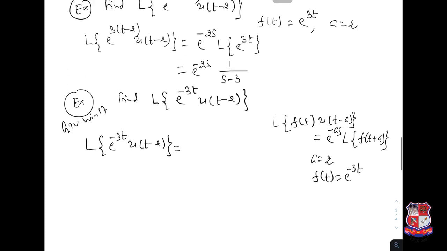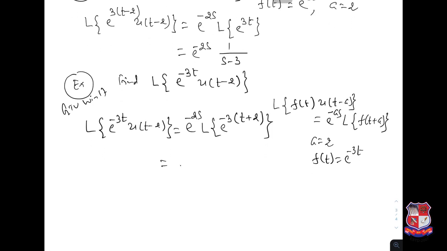So now let us see e power minus as. So e power minus 2s Laplace transformation of f of t plus a. F of t is e power minus 3t, so e power minus 3, now t plus a, so that is nothing but t plus 2, because a is 2. So that you should take care.